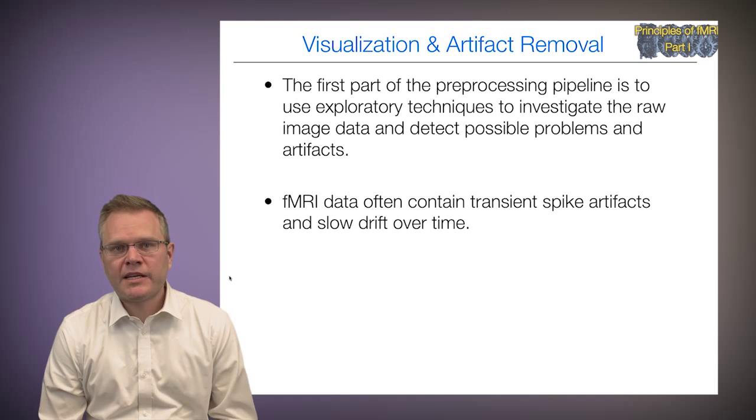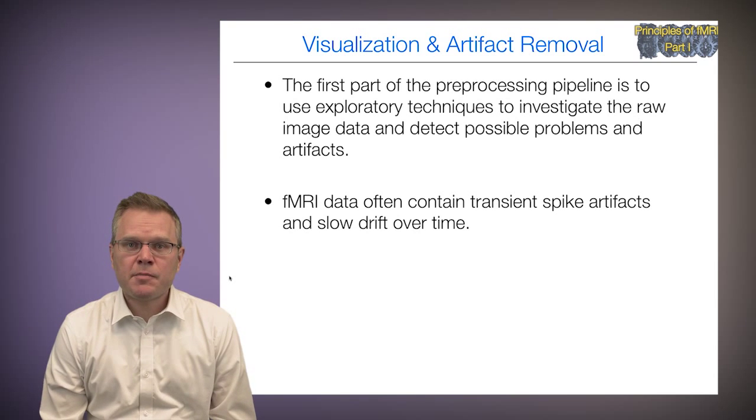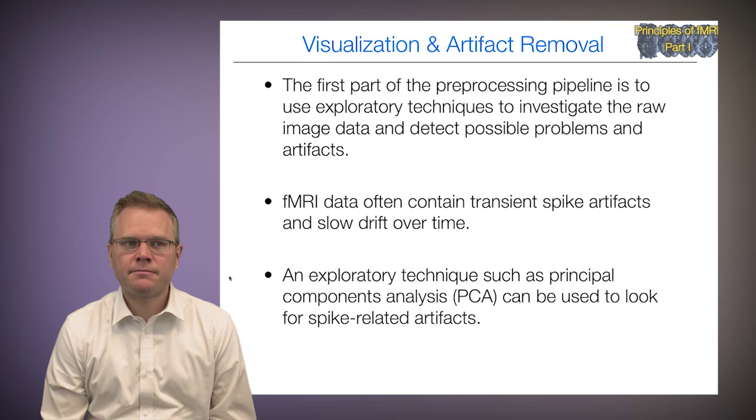Here we use exploratory data techniques to investigate the raw image data and detect possible problems and artifacts. You'll recall from a previous module where we talked about the different artifacts that can appear in fMRI data, we want to ensure that none of these are causing any problems in our data. For example, fMRI data often contain transient spike artifacts or slow drift over time, and we want to be able to control for this.